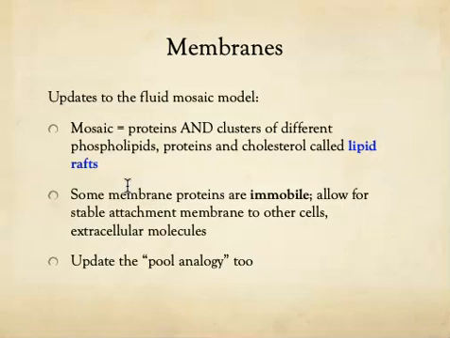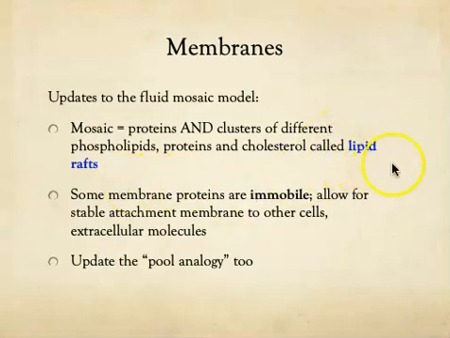So that goes against our pool analogy. What a lipid raft is, in the pool analogy, is a group of ping pong balls and a group of pool toys that hang together over time. So that kind of flies in the face of what Singer and Nicolson proposed.